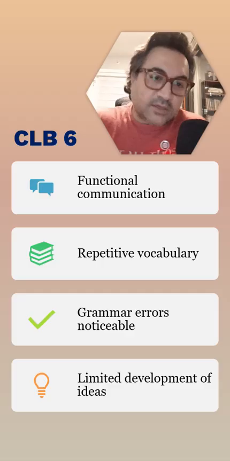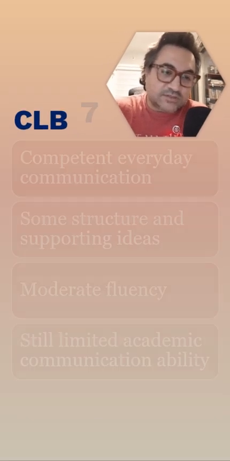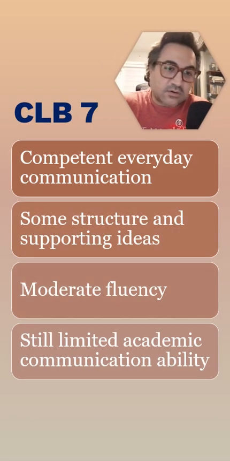Then in CLB 7, we have competent everyday communication. So you are good at everyday communication. Some structure and supporting ideas. So you have some development, you have a little bit of structure to what you're saying. You have maybe sequencing: first, second, after that, thirdly, finally.